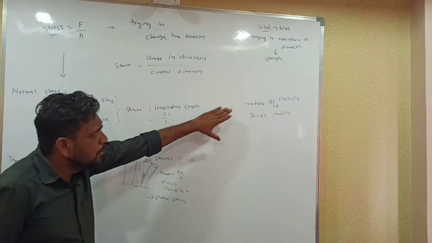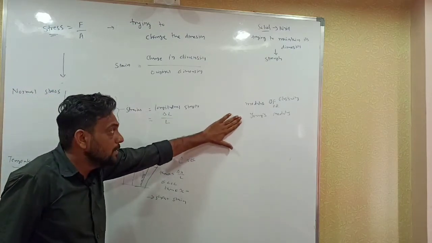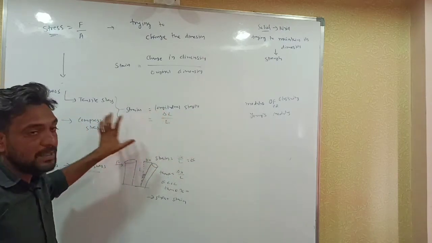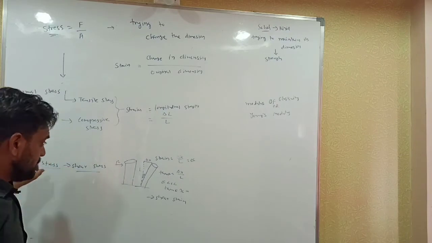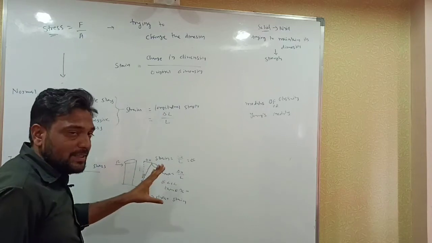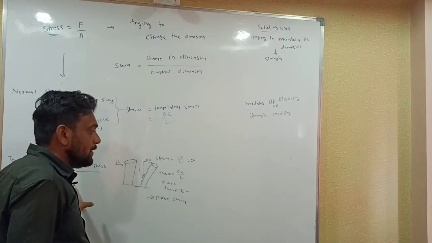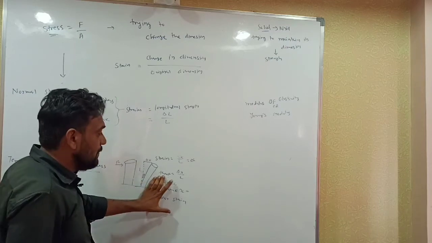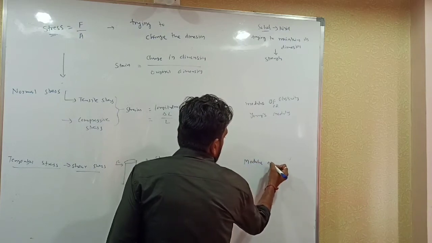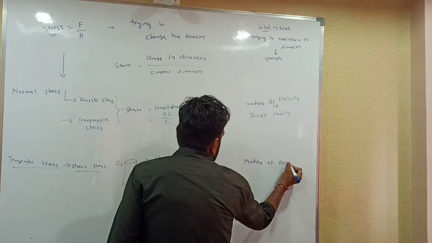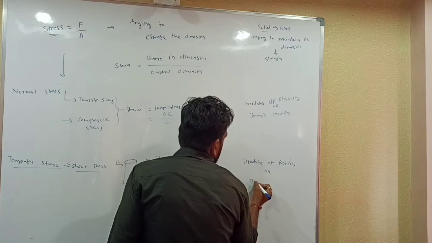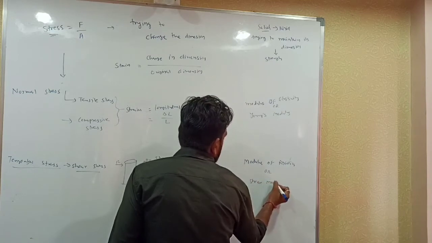So the modulus of elasticity or Young modulus opposes the change in longitudinal dimension of the material, while the property of a material which opposes the shear stress or change in angular dimension is known as modulus of rigidity, or shear modulus.